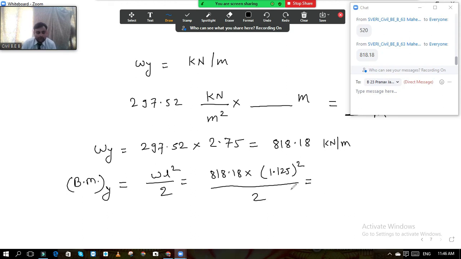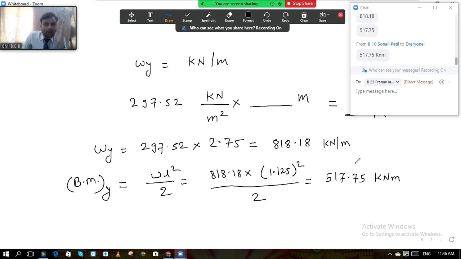So calculate this. 517.75 kilonewton meter. So this is the bending moment in the Y direction, on the Y section of the column. Similarly, now we want to calculate for X also.